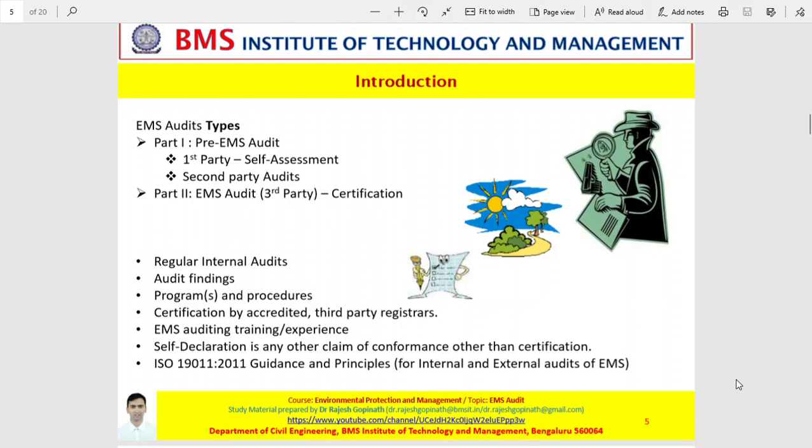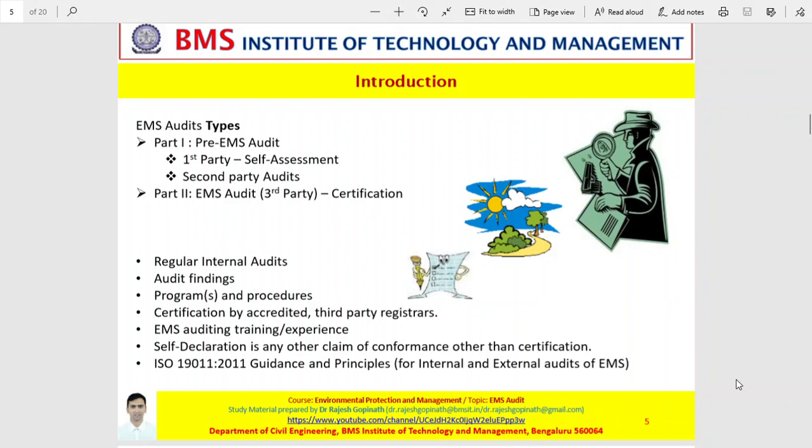Moving on. It is very important that any organization should schedule periodic, regular internal audits of its environmental management system, and this is to assess whether the existing EMS is meeting all the specifications of ISO 14001, and we need to ensure that it is updated and maintained properly.